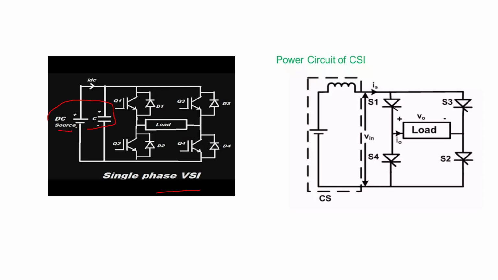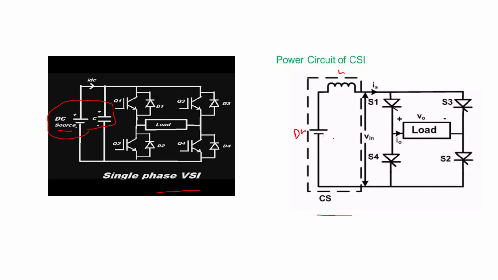That circuit will maintain a constant voltage across the input side. And in case of current source inverter, here we have to maintain constant current across the input side. So to maintain constant current across the input side, here we use a DC voltage source in series with an inductor. This will maintain constant current across the input side.